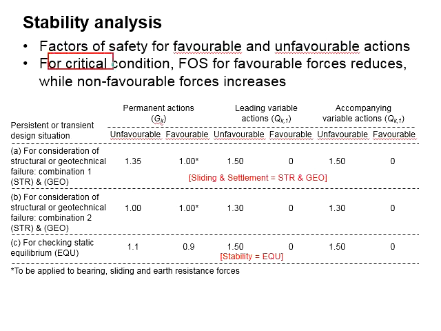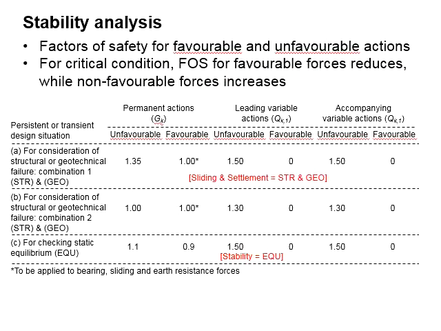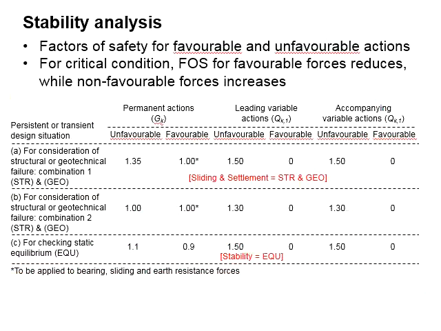For critical conditions, the factor of safety for the favorable forces need to be reduced, while non-favorable forces are to be increased. The factors of safety are given in this table.